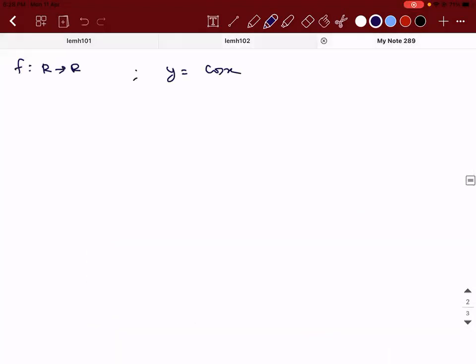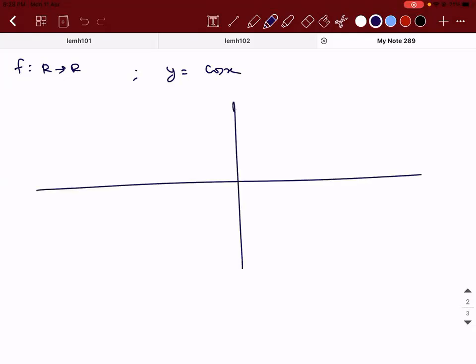Is it one-to-one and onto? It's not. So how is the graph going to look? Starting at x is equal to 0, what will be the value of y? 1. It will come here, then it will go down. It will keep traveling like this.